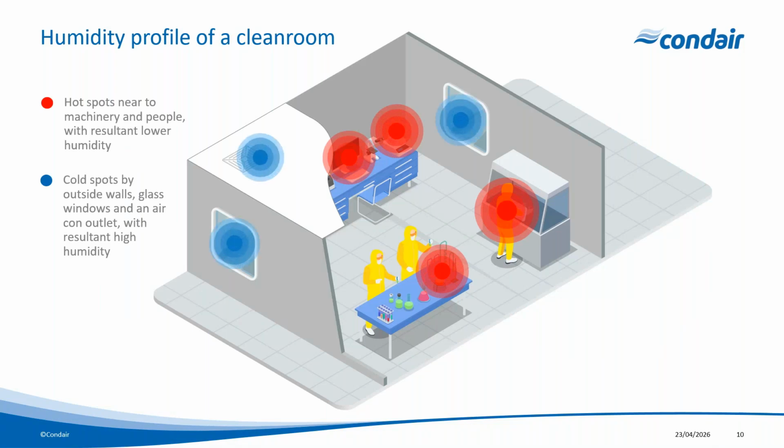Could be an outside wall, could be a glass window or an air conditioning vent. These could all result in high humidity. So we have to be aware of these things when we're looking at the profile of the room to ensure that we've got sufficient air going through that clean room so it's going to handle these issues. Or we need to just design around it to ensure that we're giving the correct relative humidity at the critical point of the process.